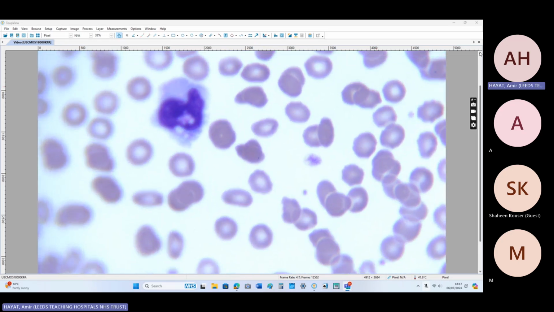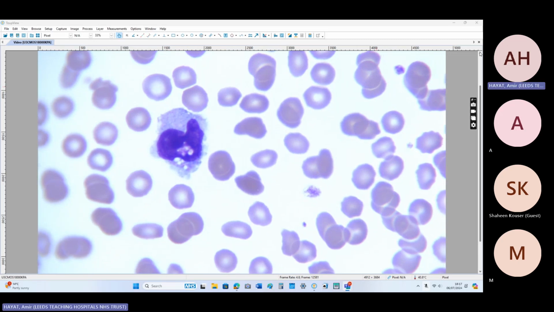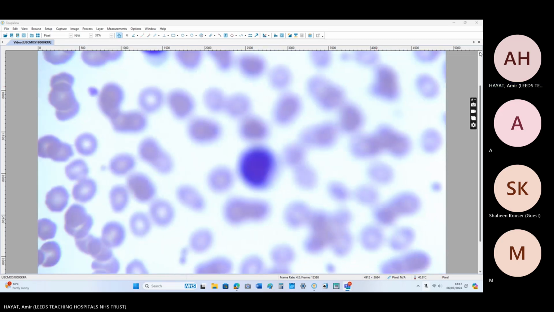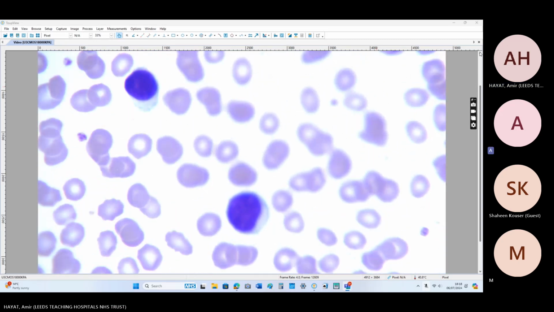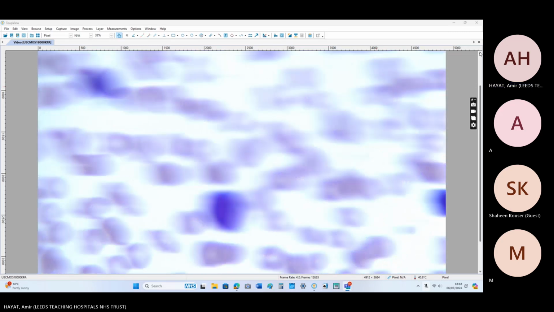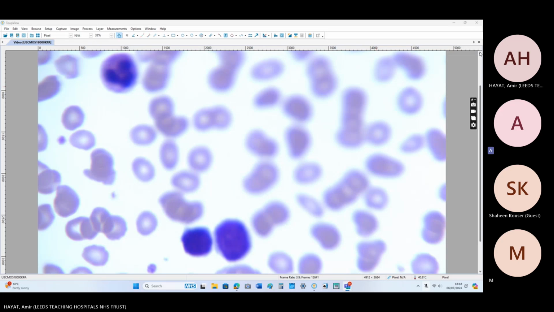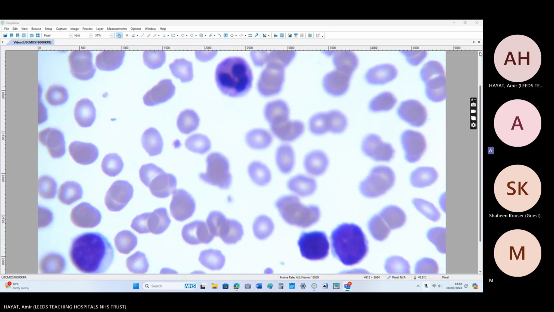What is this? This is a monocyte. I think normal lymphocyte. Platelets seem to be normal with normal morphology. Neutrophils are present.